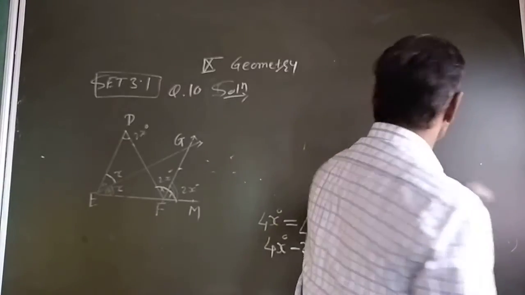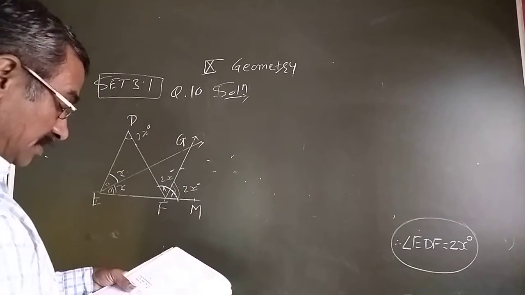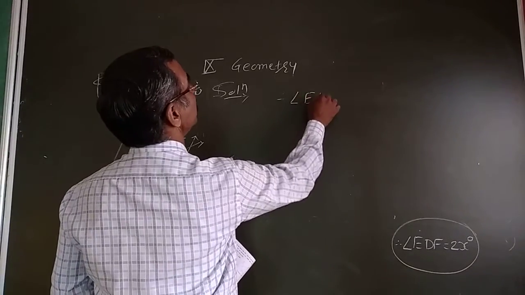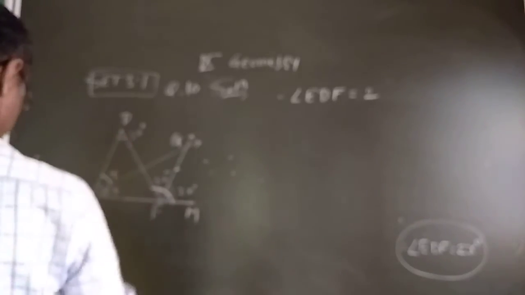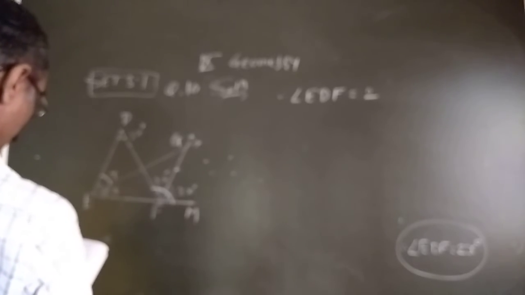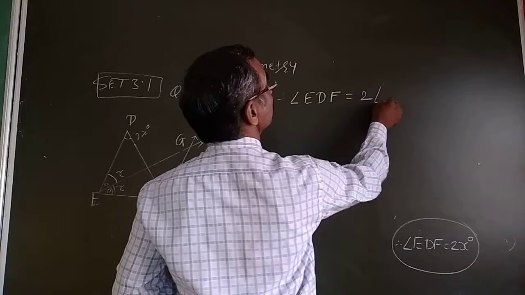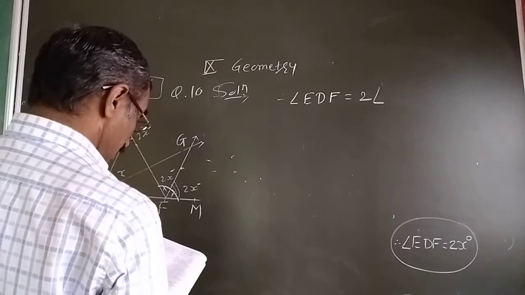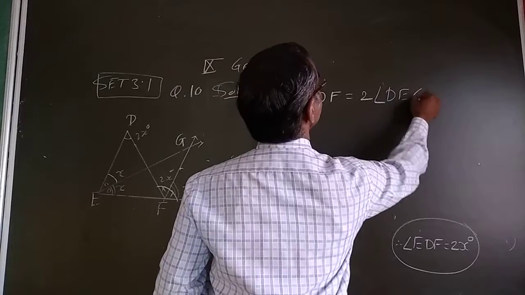By using this, angle EDF is equal to 2x degree. Therefore, angle EDF is equal to twice of angle DEG. We consider angle x is equal to, from equation number 1, angle DEG.